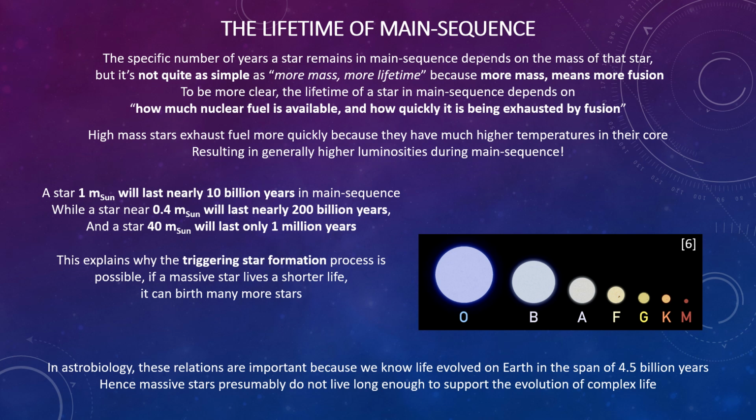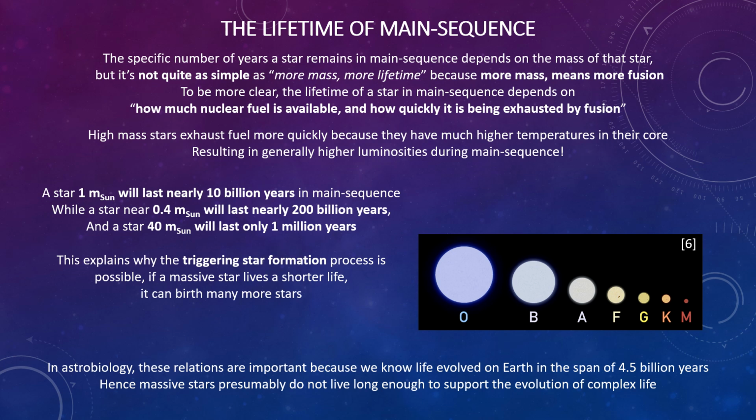And to be even more clear, the lifetime of a star on the main sequence depends exactly on how much nuclear fuel is available and how quickly it will be exhausted by fusion. So actually, more mass means a shorter lifetime. High mass stars exhaust their fuel way more quickly because they have a much higher temperature in their core. And this results in higher luminosities as well while they're on the main sequence.